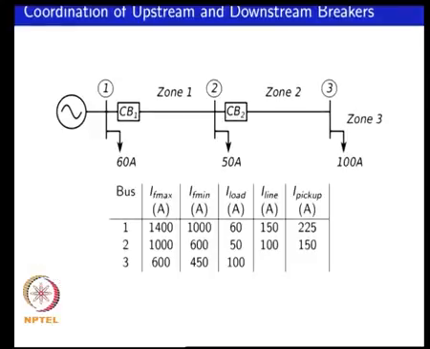The next thing you need for the coordination is to perform a fault analysis at the different zones in the bus and identify the range of fault currents you could expect through the protective device, and what the nominal current is.